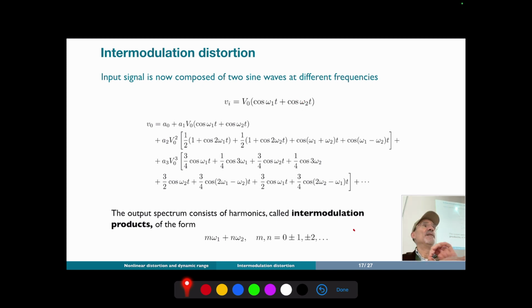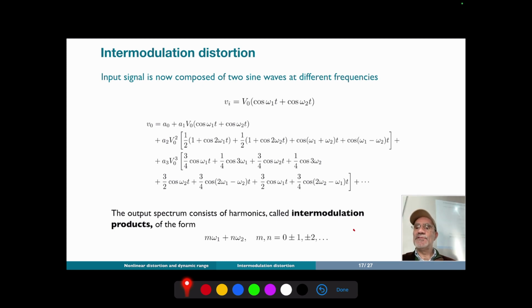Again, assuming nonlinearity, a Taylor series expansion of the input signal at the output. And so we have the linear term here, and the square term, which is this one here, which has already been expanded.